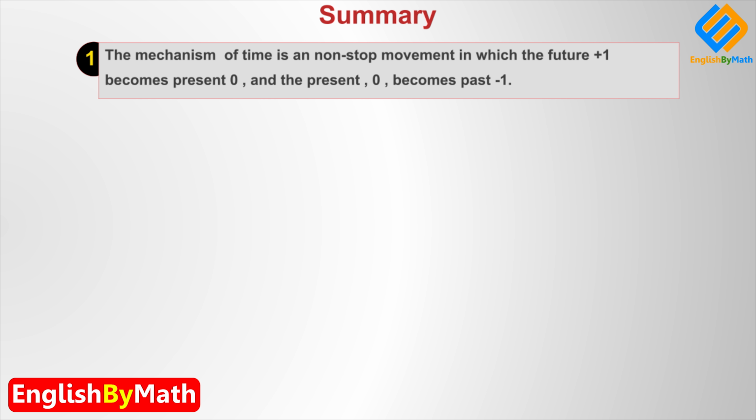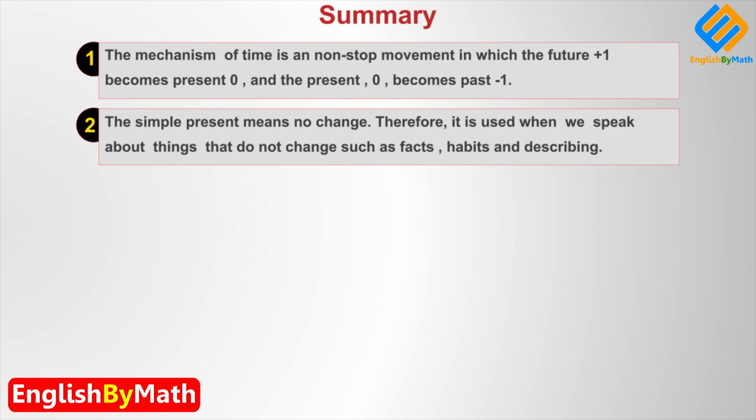Summary. 1. The mechanism of time is a non-stop movement in which the future plus 1 becomes present 0 and the present 0 becomes past minus 1. 2. The simple present means no change.